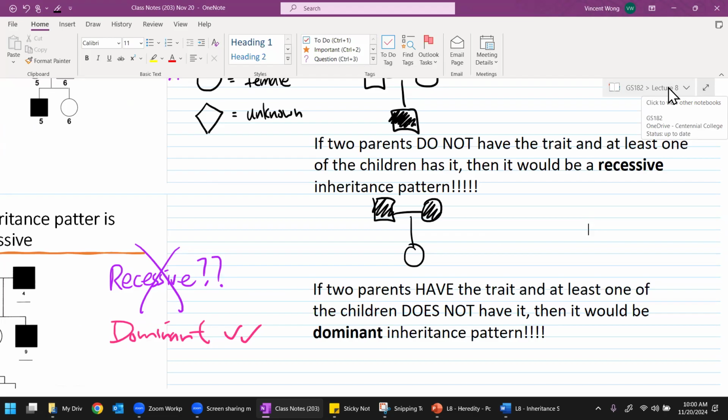All right, time to put this to a test. I'll let you guys finish copying first. There are 3 pedigree questions in the study guide. If you can take a look at it. I think it's on the second page.